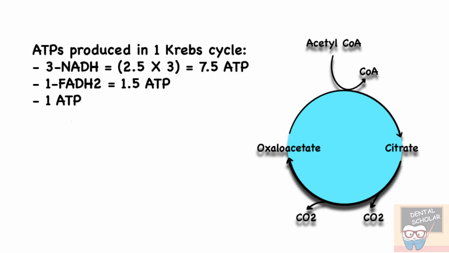So 3 NADH equals 7.5 ATPs and 1 FADH2 equals 1.5 ATPs. Also, as we know that 1 ATP at substrate level phosphorylation was formed in Krebs cycle. So in total 10 ATPs are produced from one Krebs cycle.